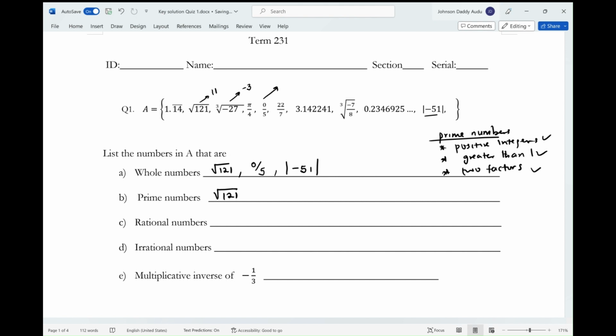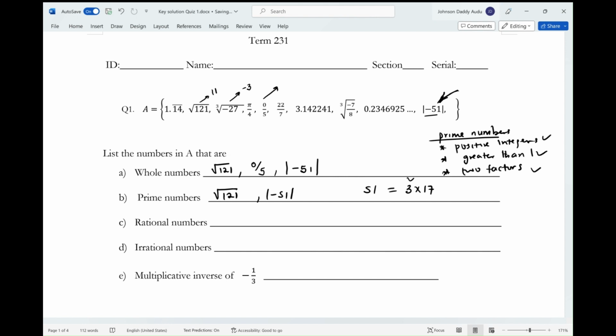Now, minus root 3, minus 3 is not. If we look here, I've seen that many students chose this one also as a prime number, which is minus this. But this is not correct because the absolute value of minus 51 is 51. We can write 51 as 3 times 17. So you see, it means it has more than one factor.